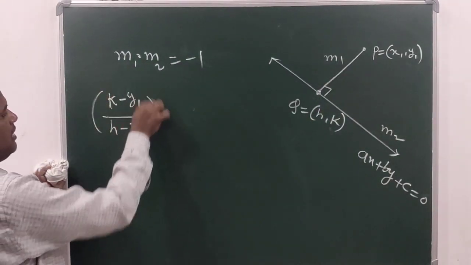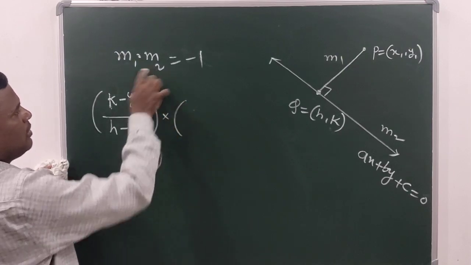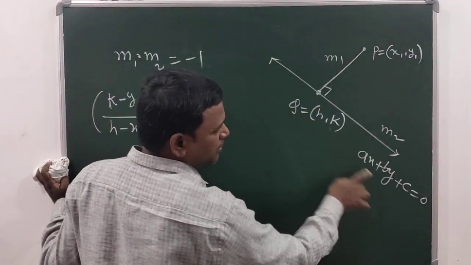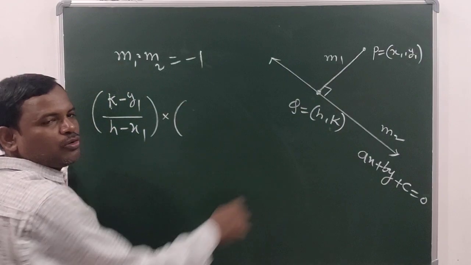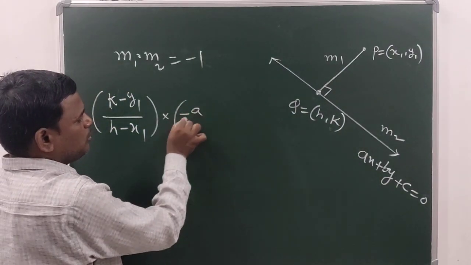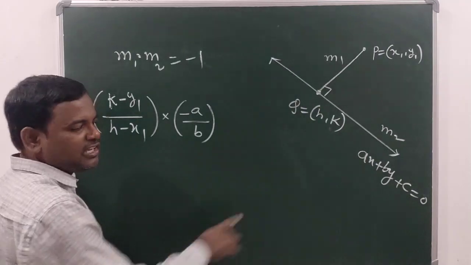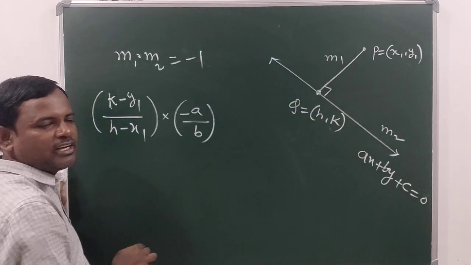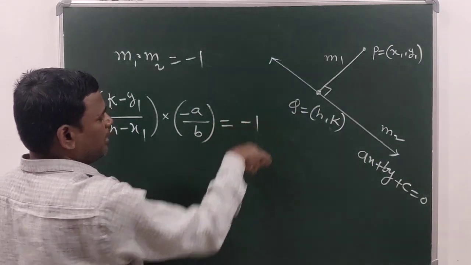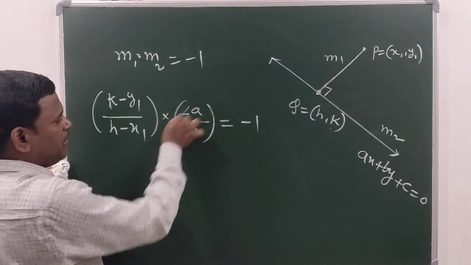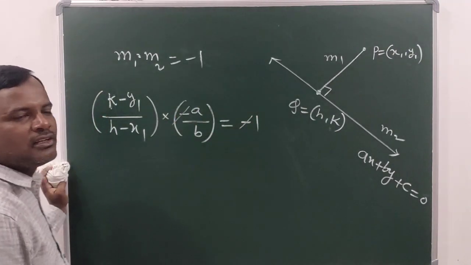M2 represents the slope of this line. You know, minus x coefficient by y coefficient. Here the x coefficient is a, the y coefficient is b, so you will get this much, which is equal to -1. Now this minus can be cancelled.